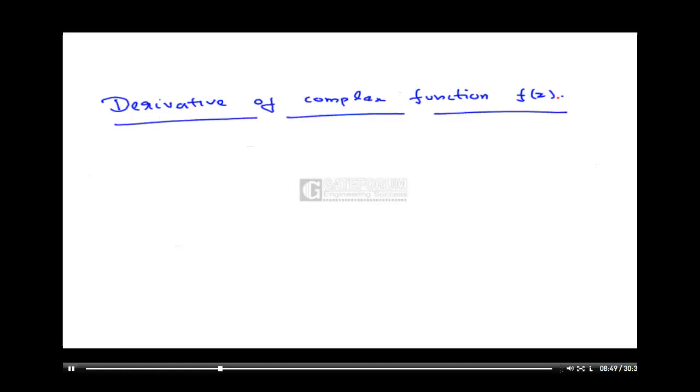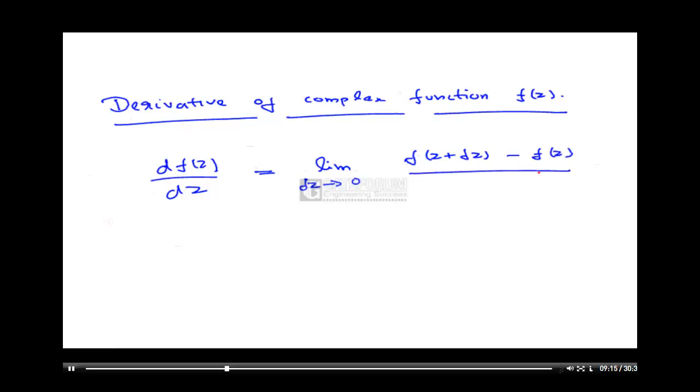Okay, now from the definition, if f(z) is a complex function, then df(z) by dz can be written as limit delta z tends to 0 of f(z plus delta z) minus f(z) upon delta z.